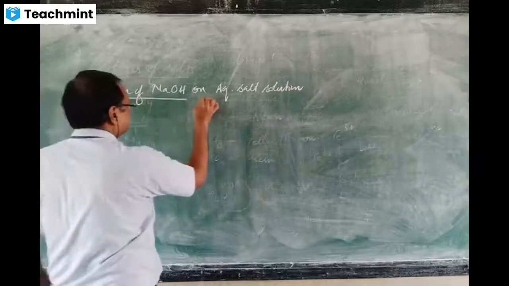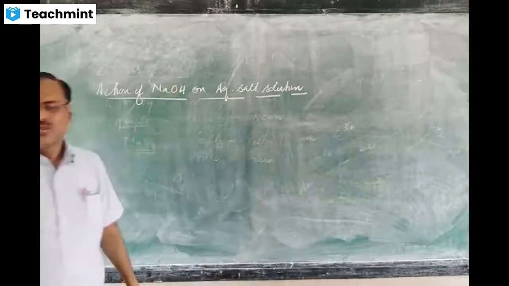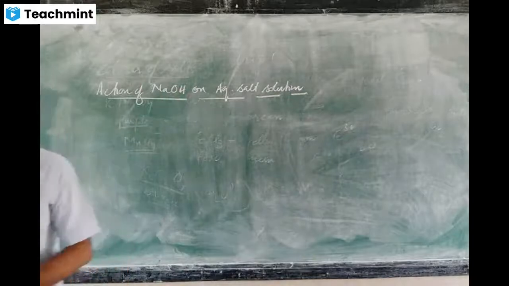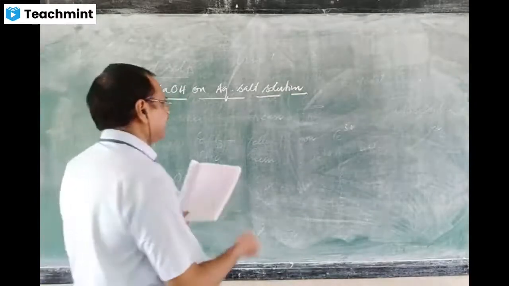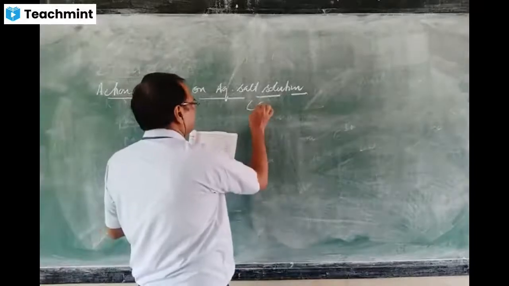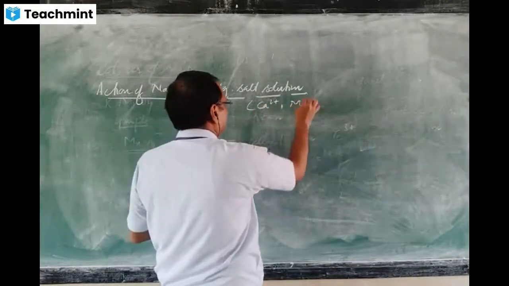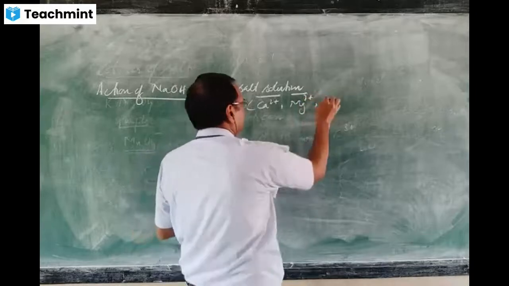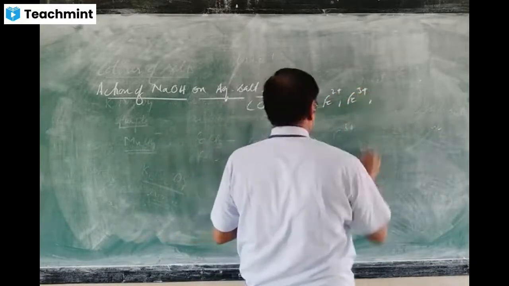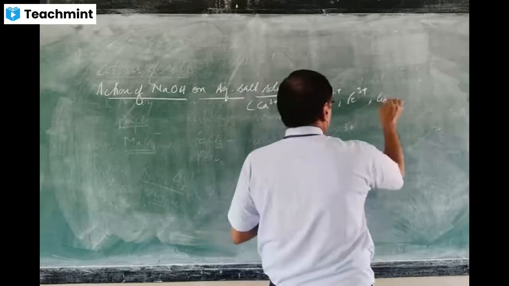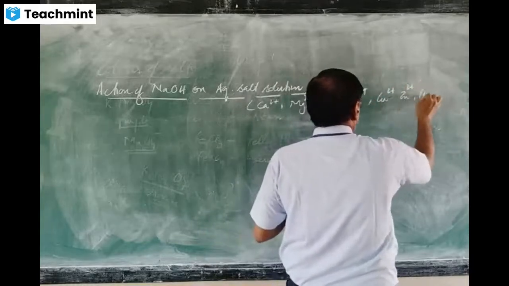Just see which cations you have to study, which cations are given in your syllabus. In your syllabus, what cations are given? Calcium, magnesium, ferrous, ferric, copper, zinc and lead.